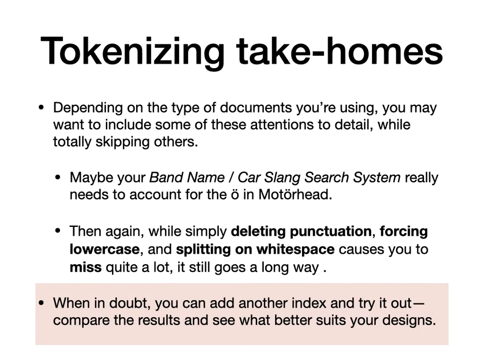But the baseline is that even if we just do the basics, which is most of what we'll do, delete punctuation, force lowercase, split on white space, that's going to cause you to miss some things, sure, just using these very default equivalence classes in our vocab. But it carries you quite a long way.